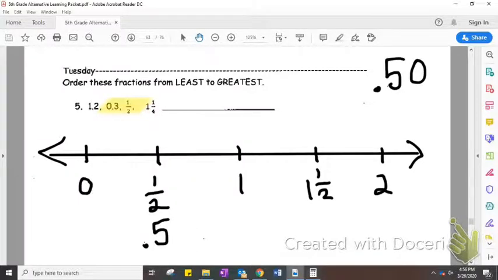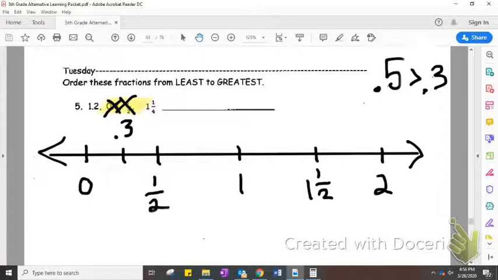We can now compare 5/10 to 3/10. 5/10 is greater than 3/10. So that puts 3/10 over here. Placed, placed. Okay? So now let's look at 1 and 2/10 and 1 1/4.